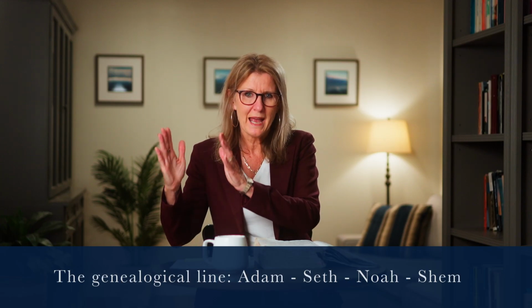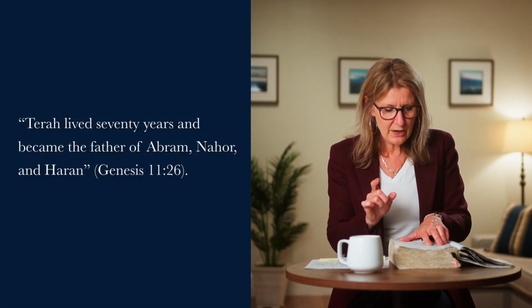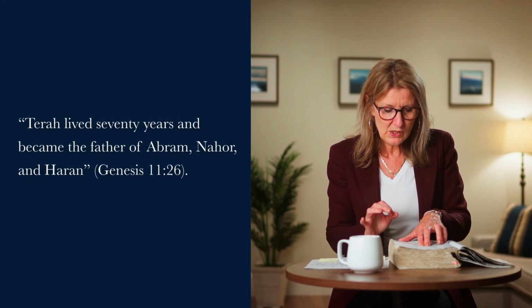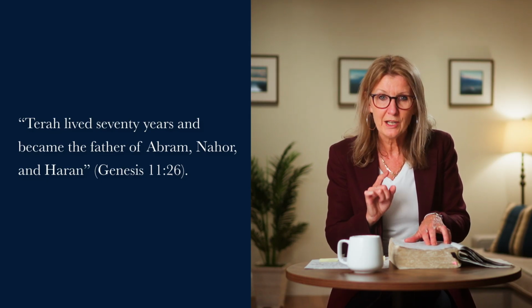So what do we have so far? We have the linear genealogy going from Adam to Noah, and now it's going from Shem, linear genealogy, and look where it's taking us in verse 26. Terah lived 70 years, and he became the father of Abraham, Nahor, and Haran.